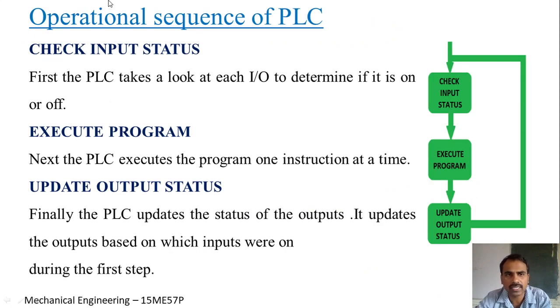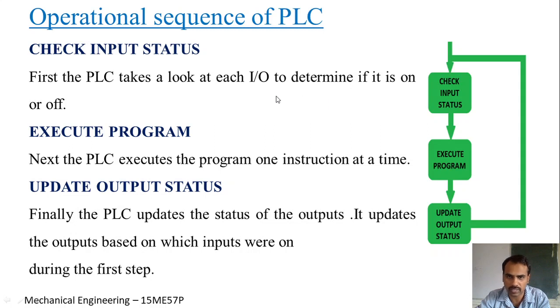So here we will see how the operational sequence of a PLC works. How does it operate? First, the PLC checks the input status. That is, the PLC will take a look at the inputs and outputs and determine the condition, whether those inputs or outputs are on or off.